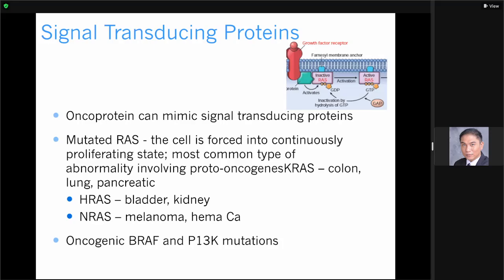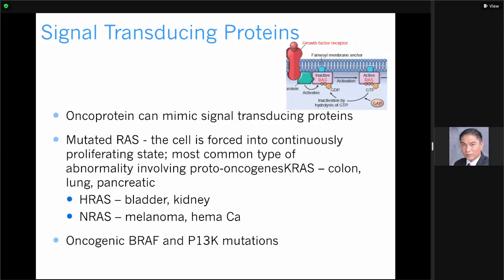So even if you do not have the growth factor, even if receptors are not constitutively activated, if you have a mutated transducing protein, you have a mutated gene for transducing proteins, then continuous signals can be delivered to the cell for the cell to proliferate.